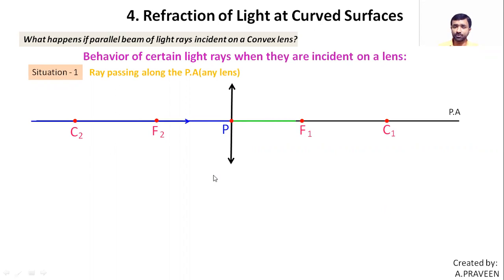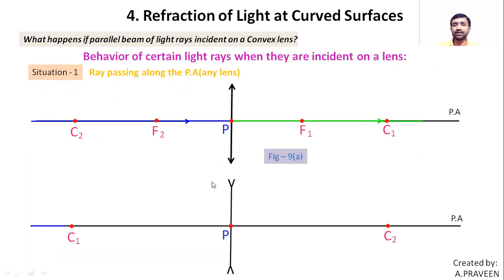After passing through the lens, it remains undeviated. No refraction takes place in this case. It is given in figure number 9a. Through a concave lens also the same thing happens: the light ray remains undeviated after refraction. This you can notice, right?